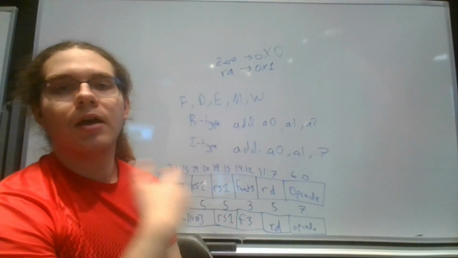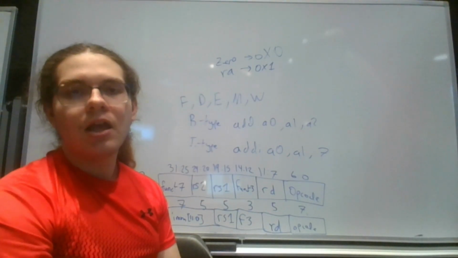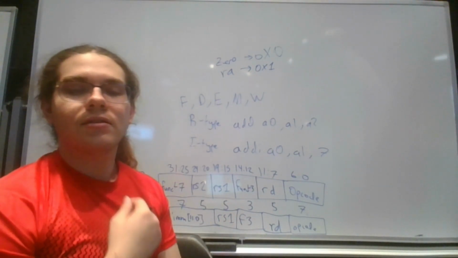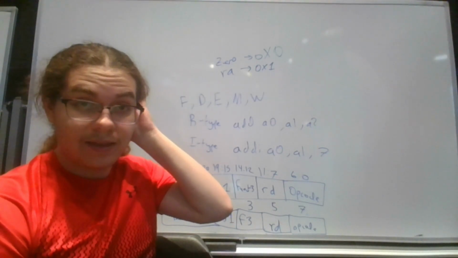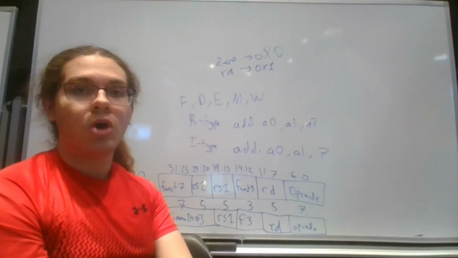So what inputs I'd need for all my multiplexers to select between different lines, what operation my ALU is going to do, whether or not I need to write to memory or to write to a register or anything like that. All of that information has to be decided based off of the encoding here.